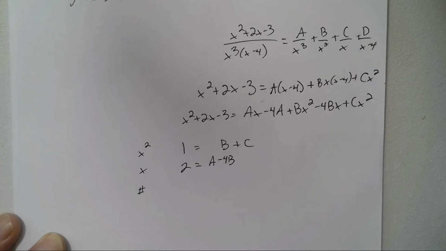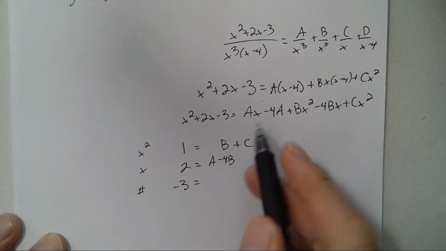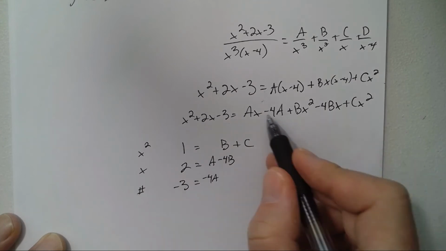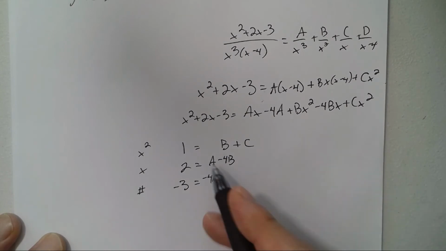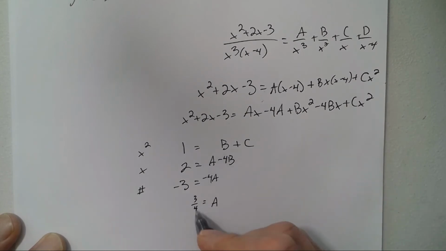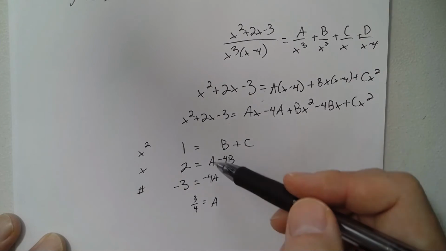And for numbers, I have negative 3 equals negative 4A. So you can do a matrix with that, or just see that A is 3/4 by dividing by negative 4. Plug that in, get B, and plug that in, you get C.